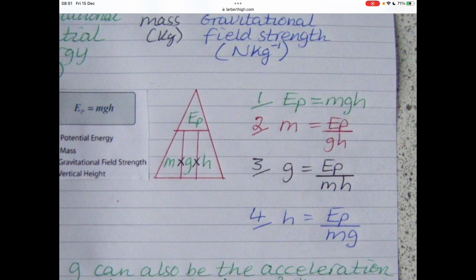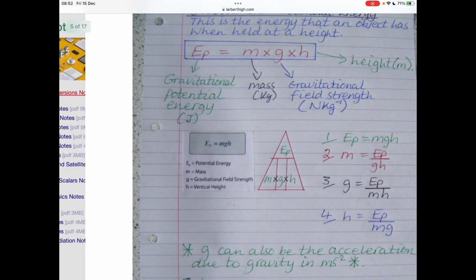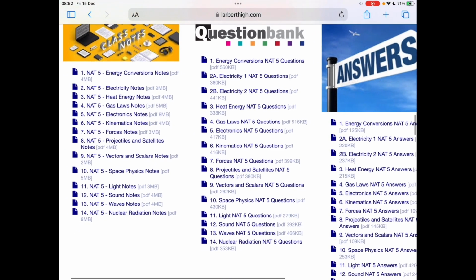However, remember, and I'm sure your teachers explained this as well, it is always best to write the equation from the formula sheet first before doing a triangle or before doing any rearranged forms, because that's where you get the marks from. The first mark in a calculation is always from writing the equation from the equation sheet. So, if we return back, there are notes for all 14 key areas there.